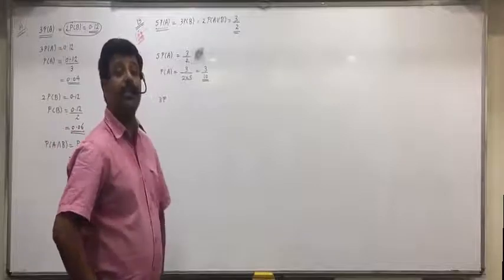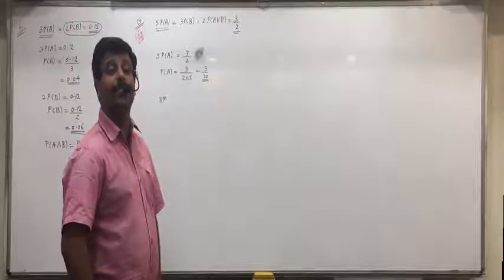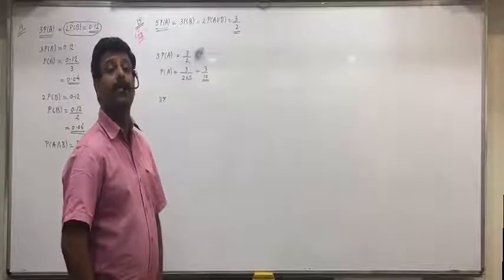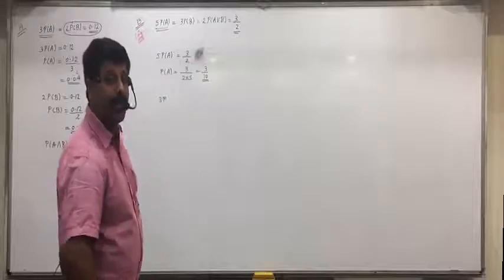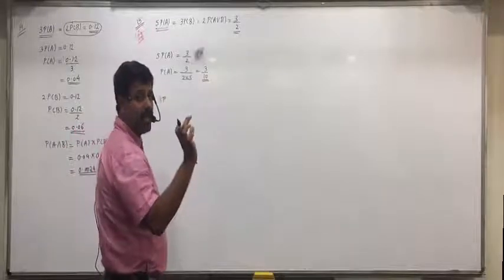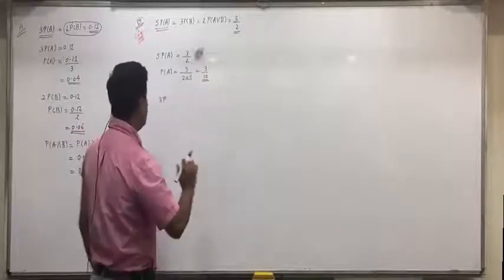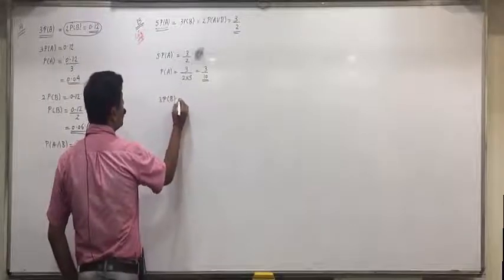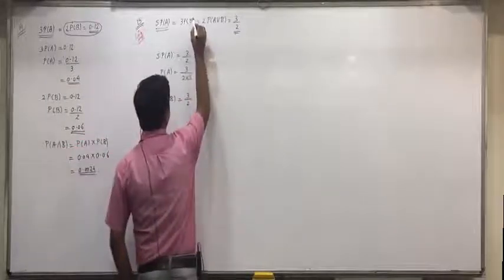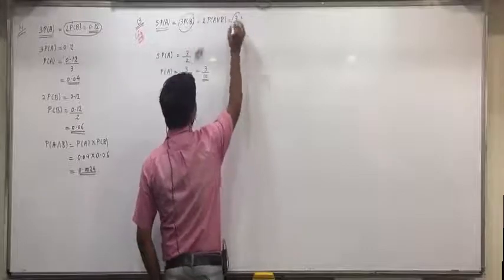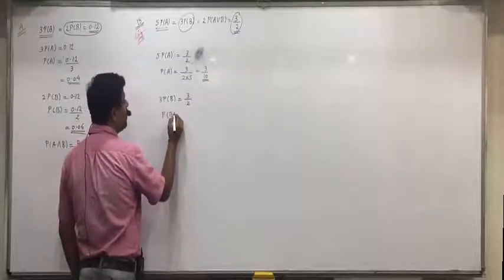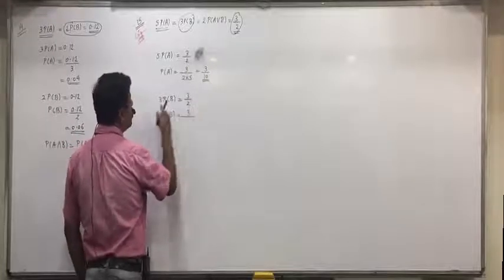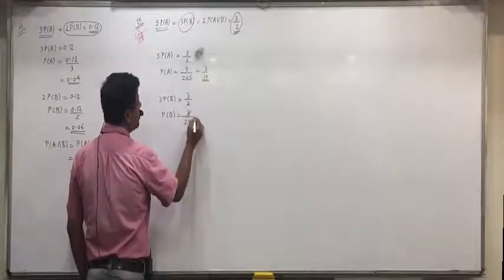How will you find P(B) now? 3 by 2 into 3. Only 2 will be multiplied with 3, or 3 by 2 whole will be multiplied? Yes. 3P(B), sit down Yuvraj. 3P(B) again we will equate with 3 by 2. So if you bring 3 on the right side, P(B) will be 3 upon 2 into 3, that is 1 by 2.